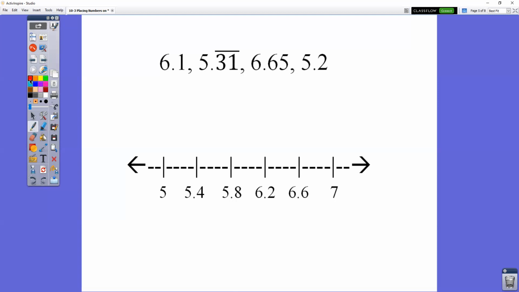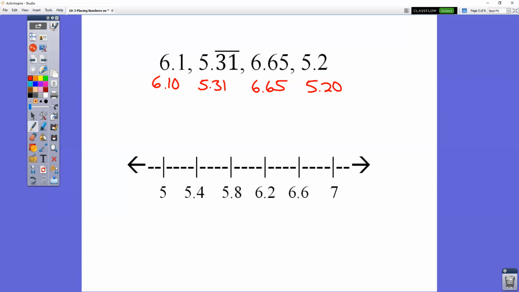So we have 6.1. 6.1 is really like $6.10. 5.31 is really like $5.31. 6.65, $6.65. And then we have $5.20. So 6.1.